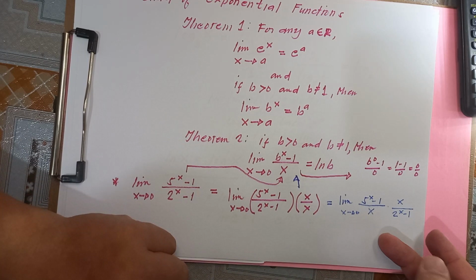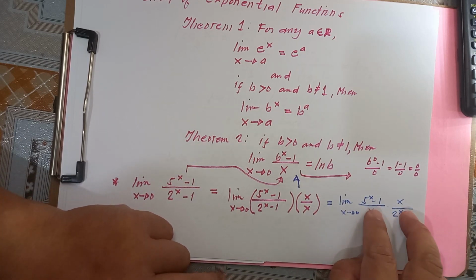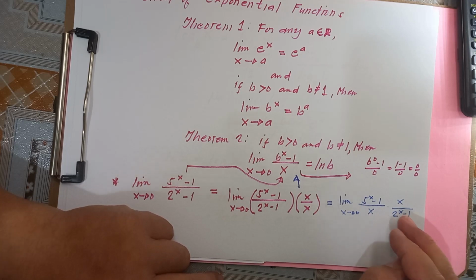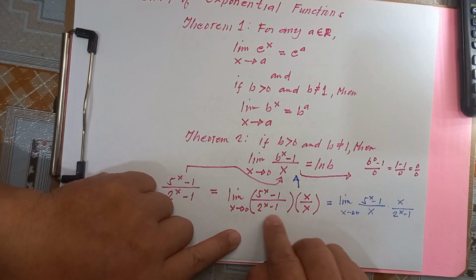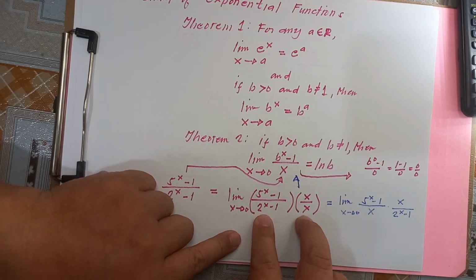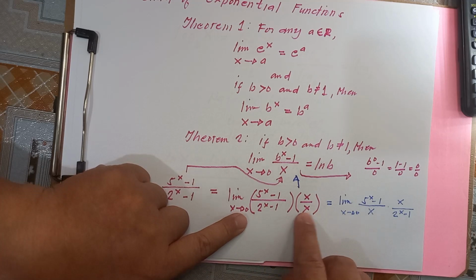What did we do? We just changed the position, because they are in product form. It will never change the value if we exchange the place of x and 2 raised to x minus 1. Why? Because they are in product form.